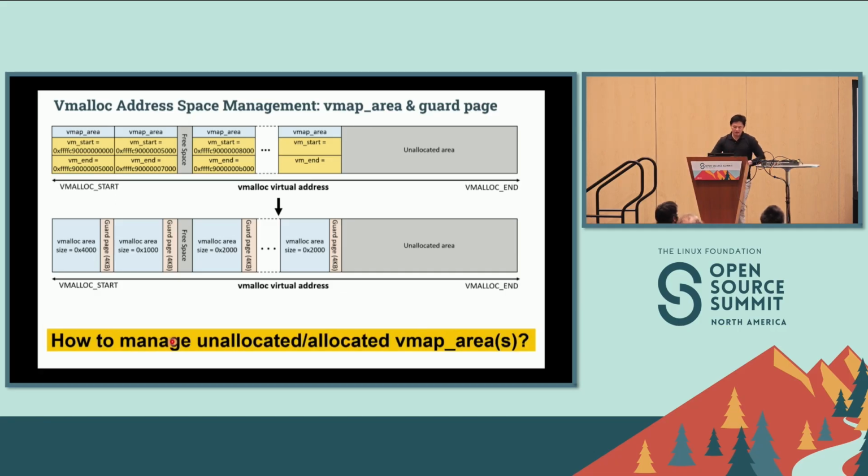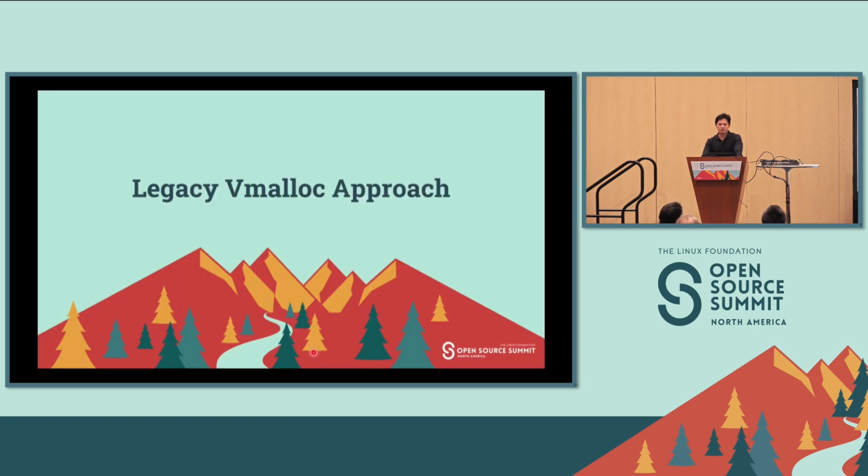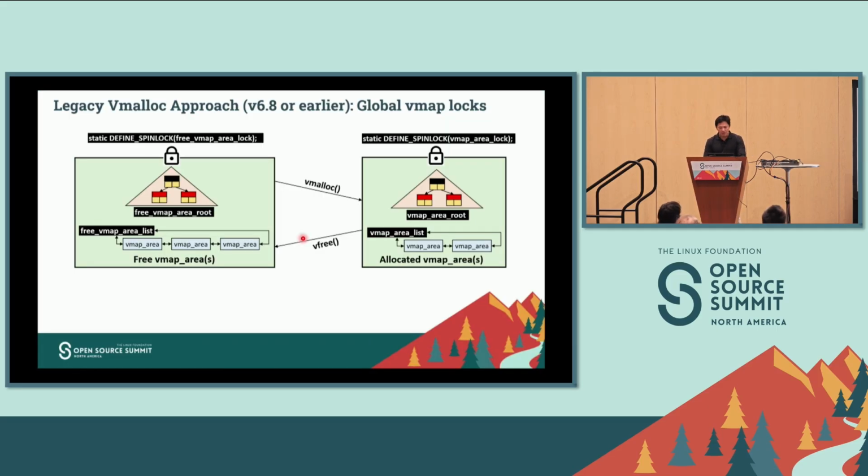Okay, so the next question is: how does Vmalloc manage the allocated vmap area space? Here come two approaches. The first one is the legacy Vmalloc approach. The legacy approach has two different spaces.